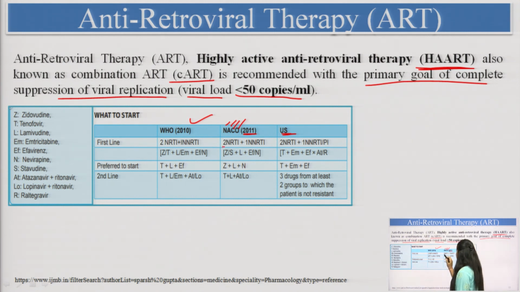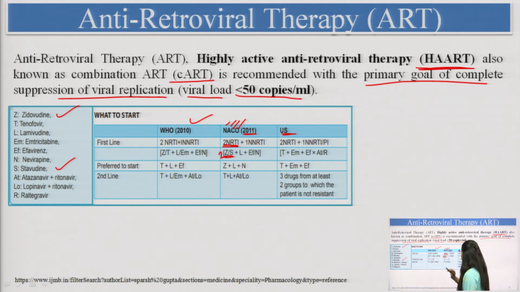So, 2 drugs from nucleoside reverse transcriptase inhibitors and 1 drug from non-nucleoside reverse transcriptase inhibitors. What are the options? For the first drug, we have the option of either Z or S. Z is zidovudine and S is stavudine. Any one drug we can give.